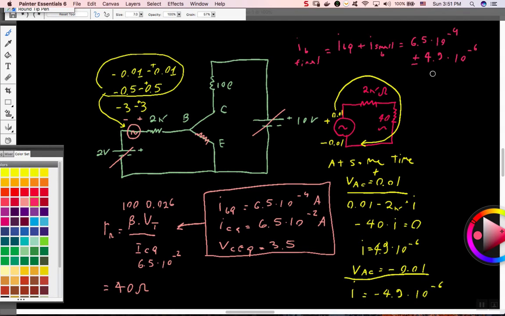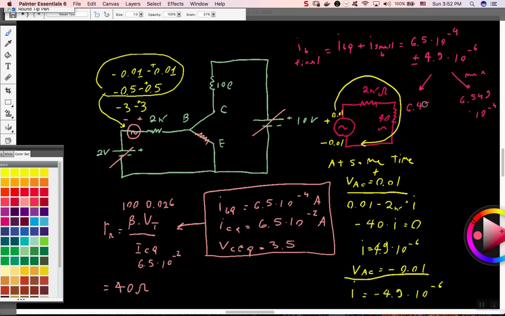So this goes between the max, which is 6.549 times 10 to the minus 4, and the min, which is 6.451 times 10 to the minus 4.